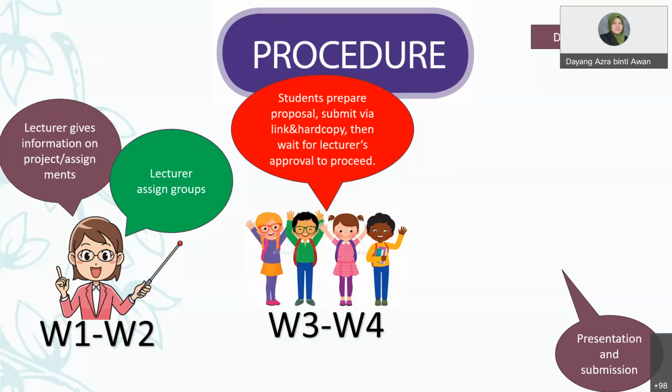For example, this week you already have your friend, or you want to do it individually. Okay, so you ada dah topik, saya nak buat sound detector, which is when saya clap my hand, lampu tu akan buka. Kalau saya tak clap, dia akan apa? The circuit will not operate.